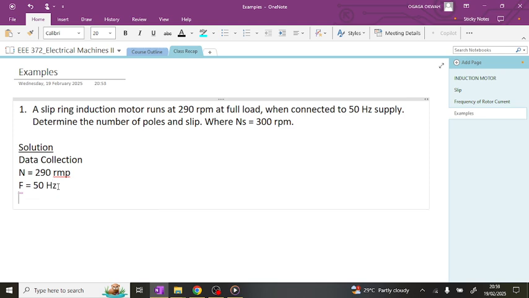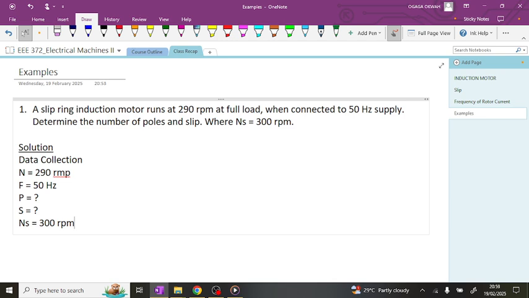Next, determine the number of poles. We have to look for poles, we don't know. And slip also, we have to look for slip, we still don't know. And we are given that Ns, which is the rotating field of the stator, or the synchronous speed, is 300 rpm. Good. Time to solve.